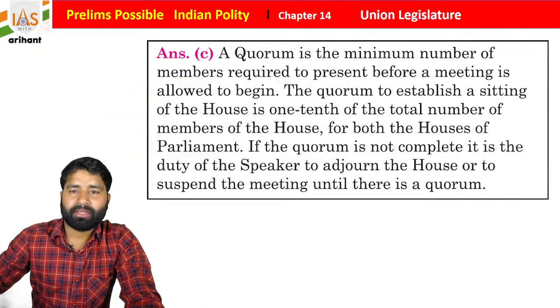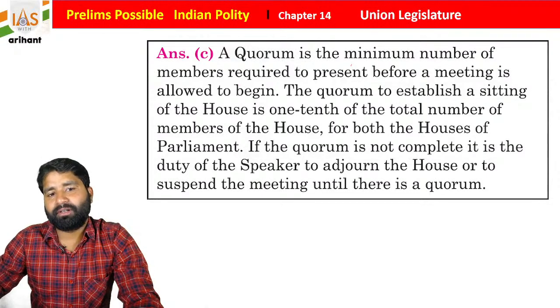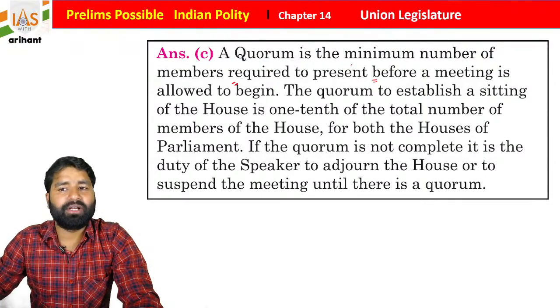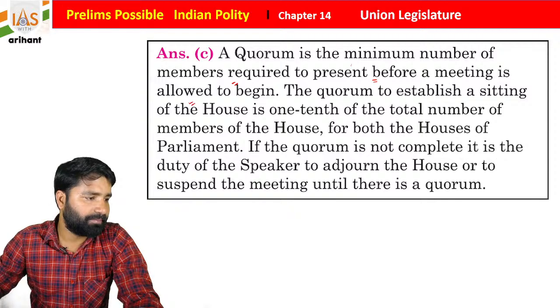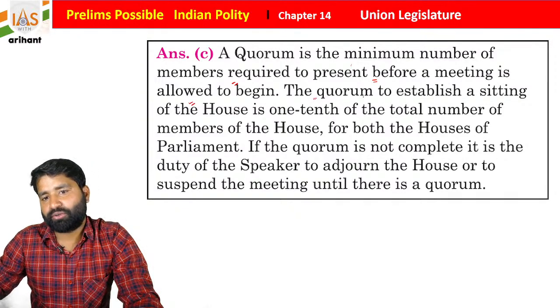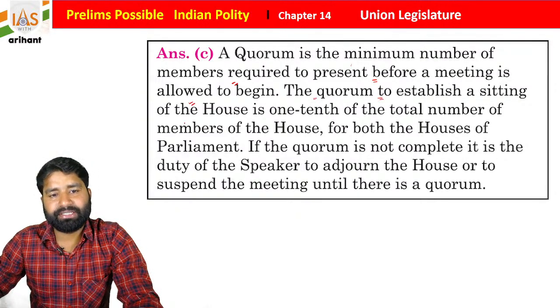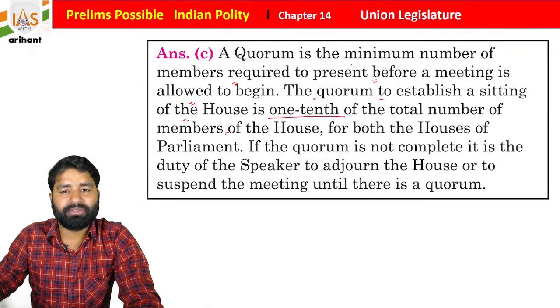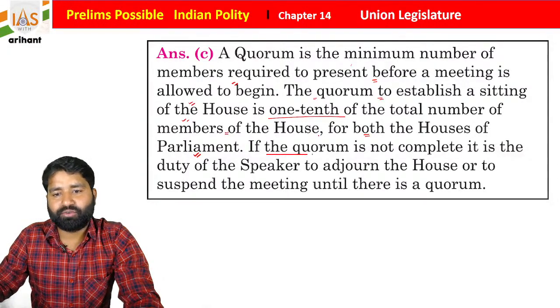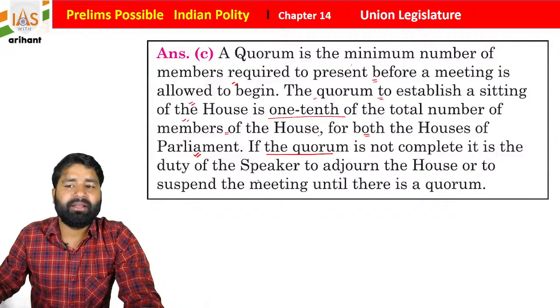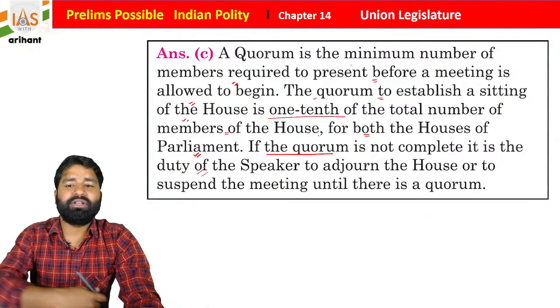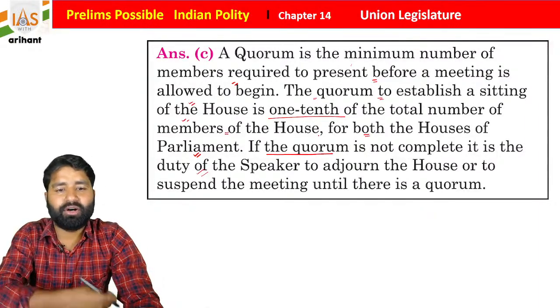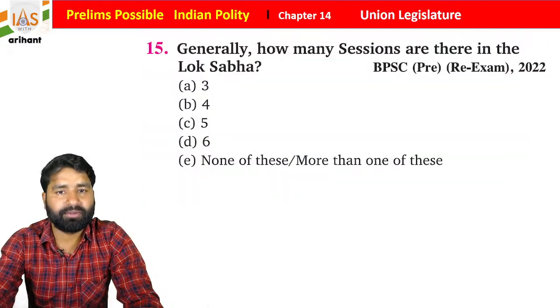A quorum is the minimum number of members required to be present before a meeting is allowed to begin. So the quorum to establish a sitting of the house is 1/10 of the total number of members of the house, for both houses of Parliament. If the quorum is not completed, then it is the duty of the Speaker to adjourn the house or to suspend the meeting until there is a quorum.